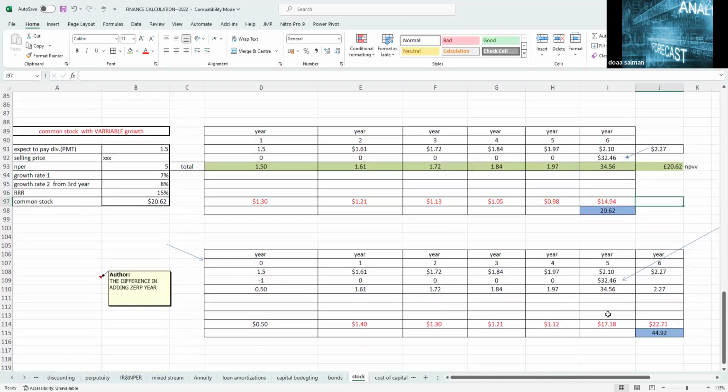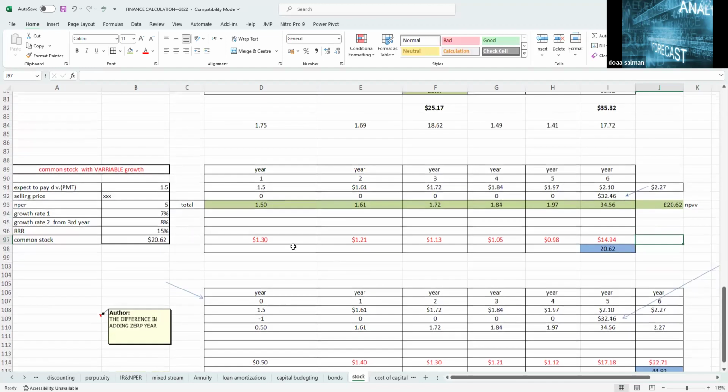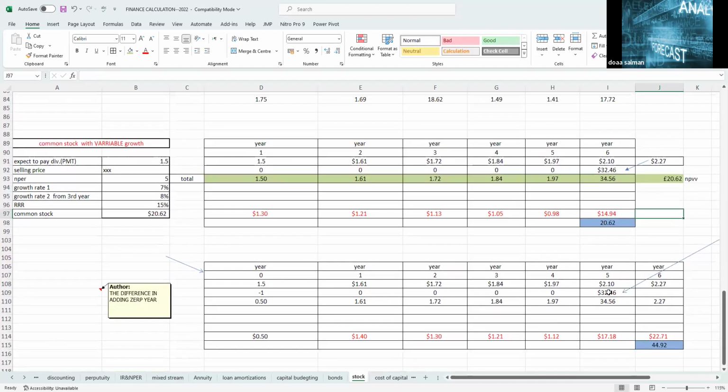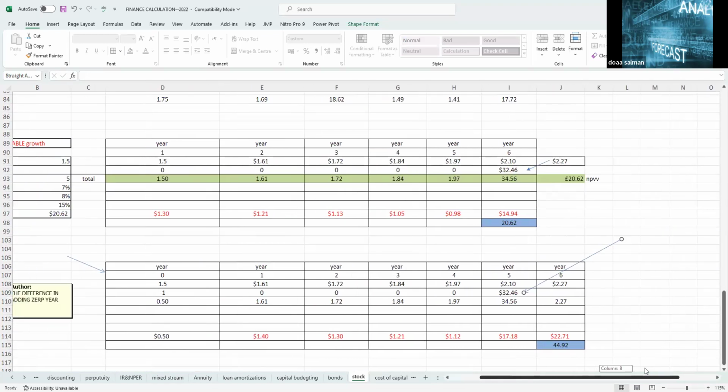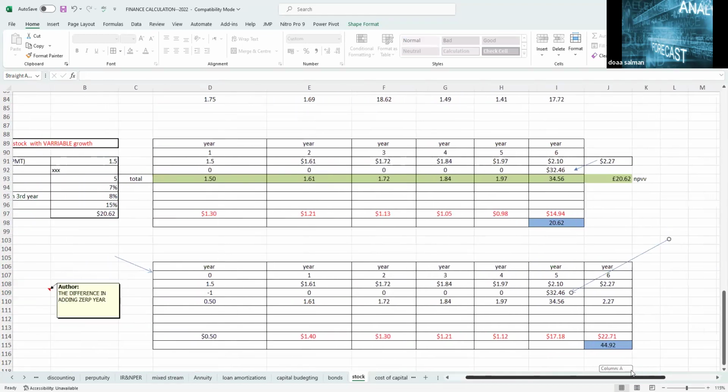Last one, let's go for it here. I'm just spreading it. So here are the years, here the growth rate. And in this growth rate, we find it using the constant growth model. So the rate here is 7, because it is the last one, but here the last one is changed to 8%.